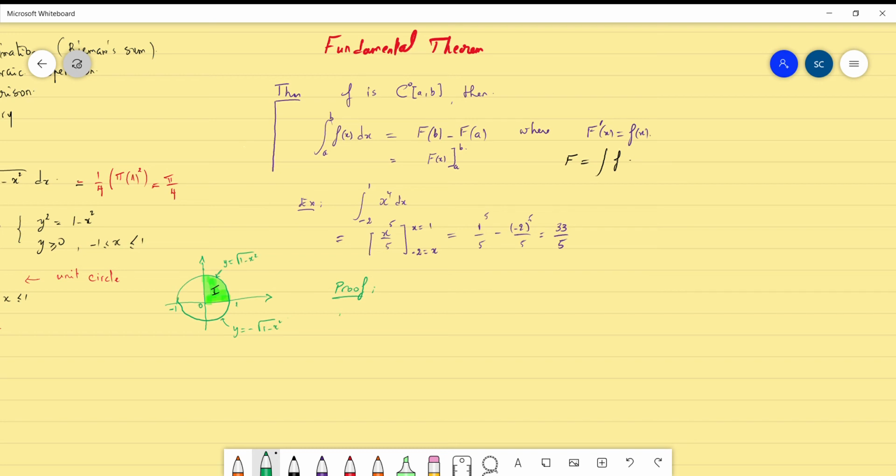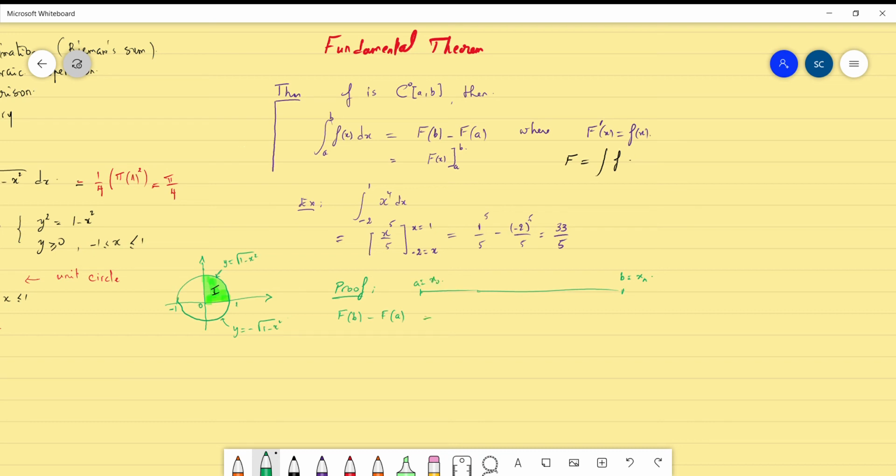So let's start by writing F(b) minus F(a). My idea is to connect it to a Riemann sum, so I will divide my interval [a,b] into n subintervals, x0 up to xn, as usual.